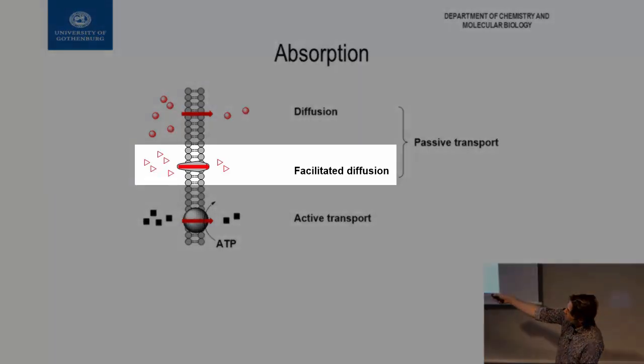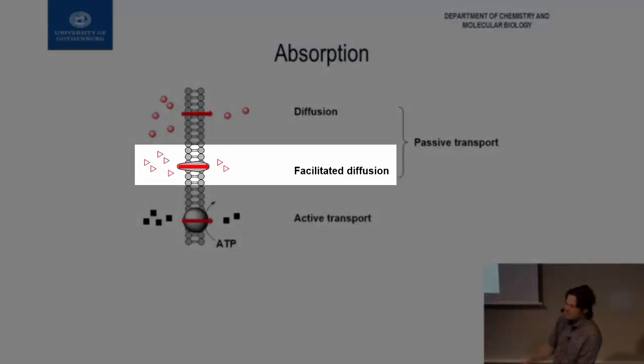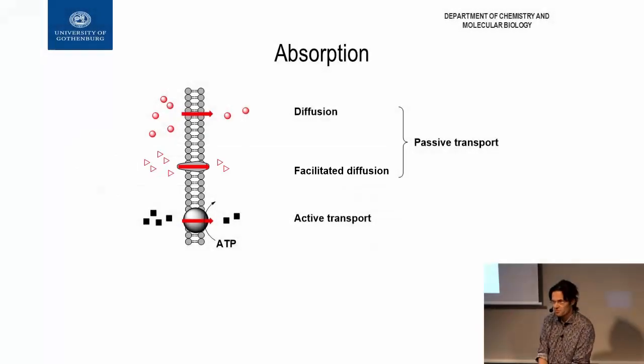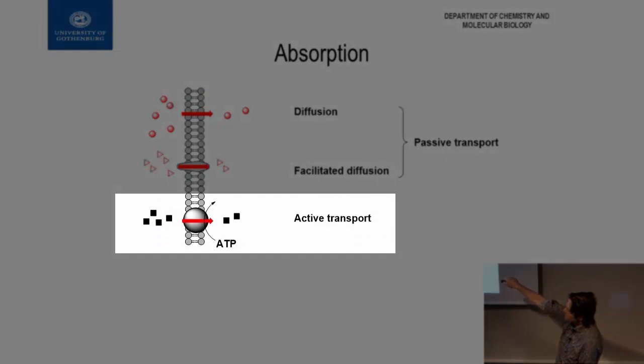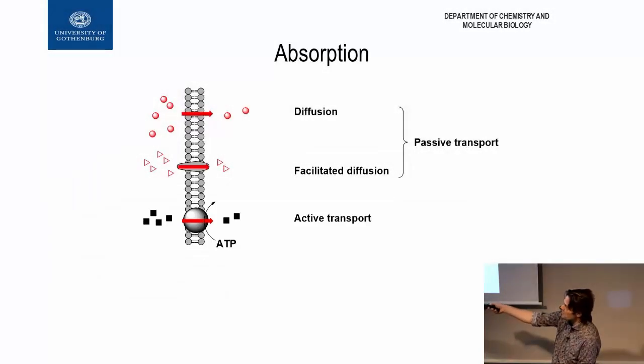Then sometimes there are proteins sitting in the membrane that do what we call facilitated diffusion. It helps to drag the stuff over. And the last example down here, then we have proteins that actively pull things over, but it requires energy. ATP stands for adenosine triphosphate. We don't have to know how it looks, but think about it like this.